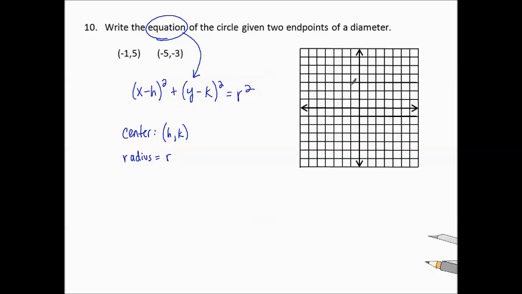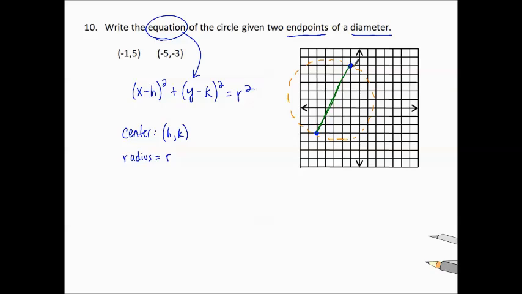So remember that these are the endpoints of a diameter. From here all the way to here, that's our diameter. So where is the center of the circle going to be? Because we need that. If that's the diameter, imagine the circle is going something like that.